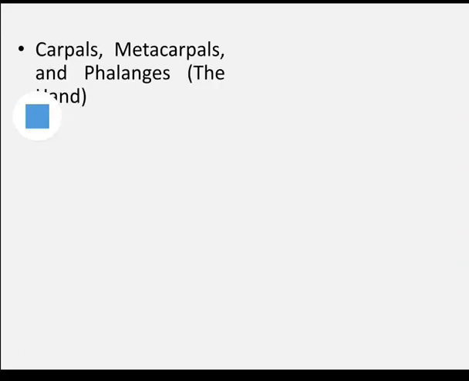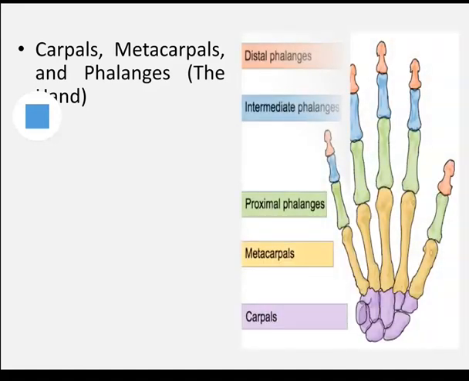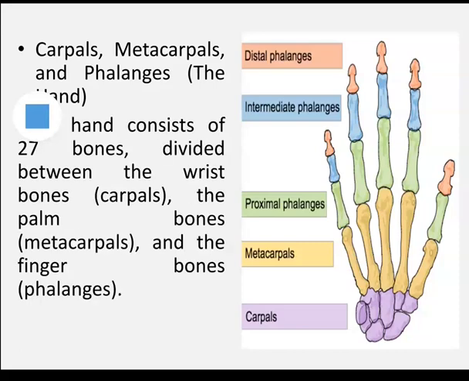Then carpals, metacarpals and phalanges. So carpals, metacarpals and phalanges we have seen in the images. Okay, these are 27 bones divided into the wrist bones, the palm bones and the finger bones.